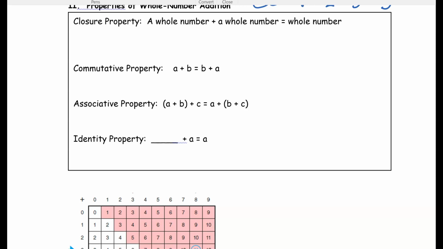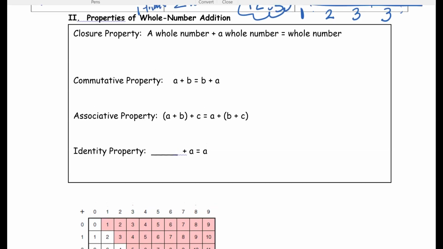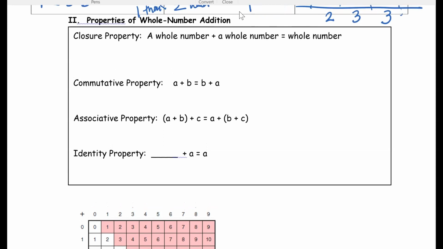So closure property just means, let me start over. When you do an operation, the answer that you get is the same type of number as the types of numbers that you use in the operation. So for properties of whole number addition, let's review what a whole number is. So a whole number: 0, 1, 2, 3, 4, and so on.